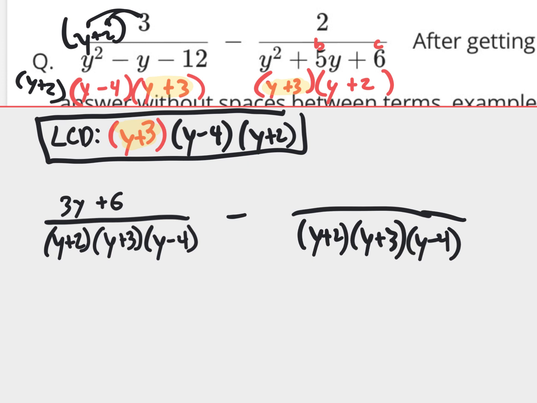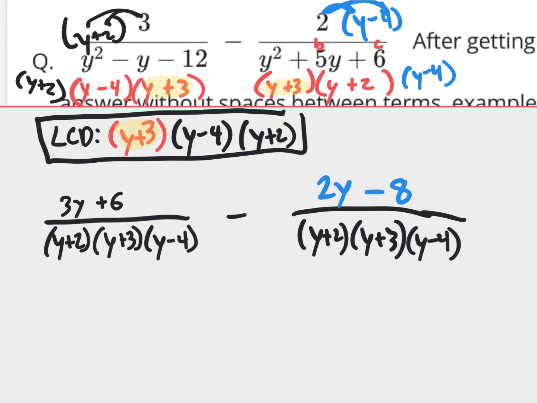And we ask ourselves, how do I change this to become this? Well, you have the y plus 3, there it is. You have the y plus 2, there it is, but it's missing the y minus 4. So I need to multiply both top and bottom by y minus 4. And of course, 2 times y is 2y, and 2 times negative 4 is negative 8.